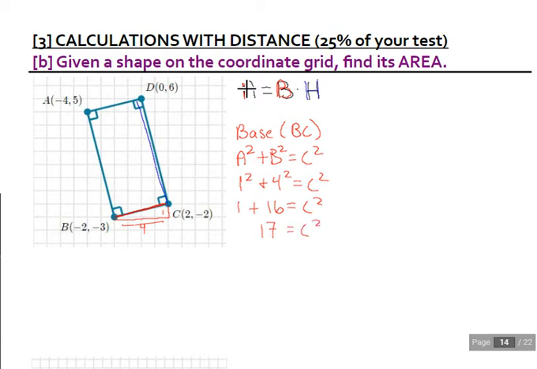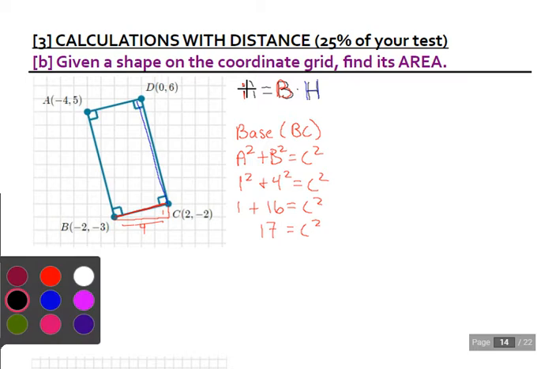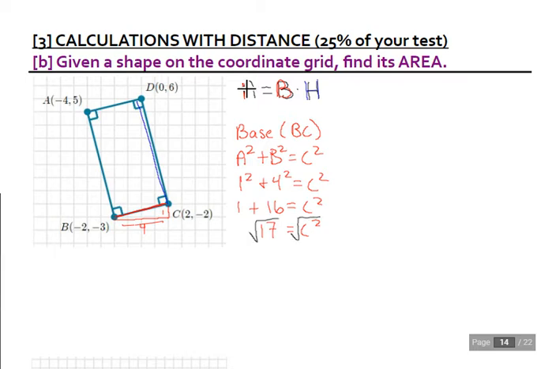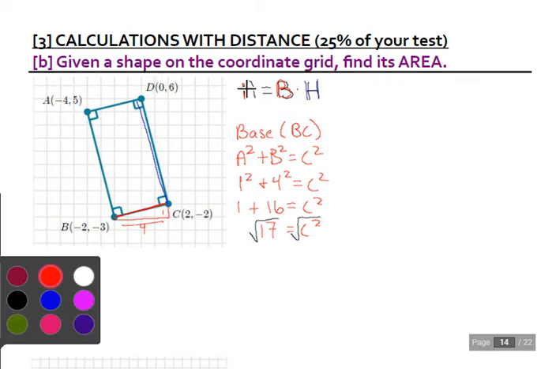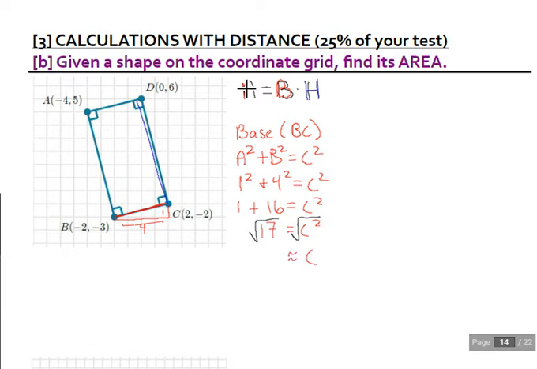And of course we'll square root to find our value. All right, so we have our c value, which is approximately 4.123. Okay, so we have our base. Okay, so we have BC.